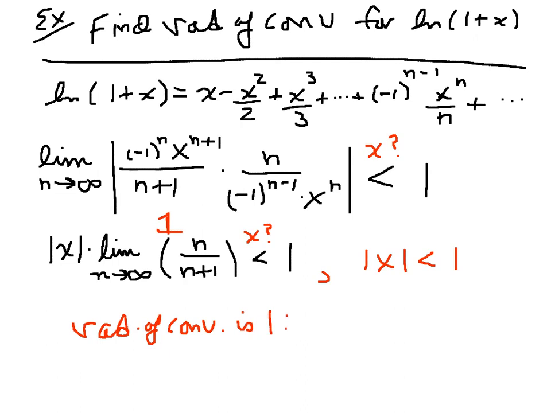So therefore, we know that we get convergence when x is greater than -1 and less than 1. The question is, and it's an important question, and I'll say it for the last time, we'll look at it next section, what happens when x equals -1 and when x equals 1?